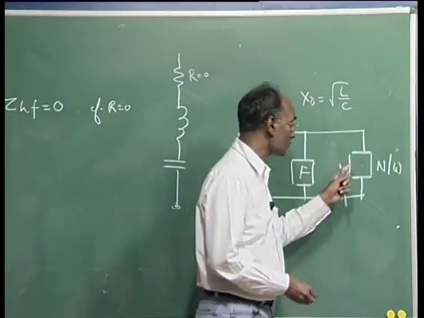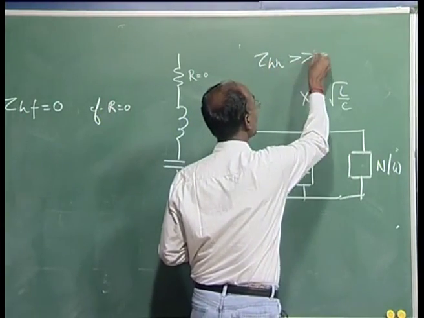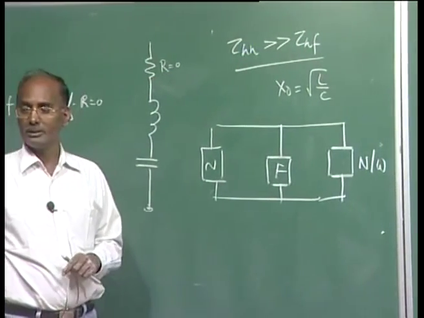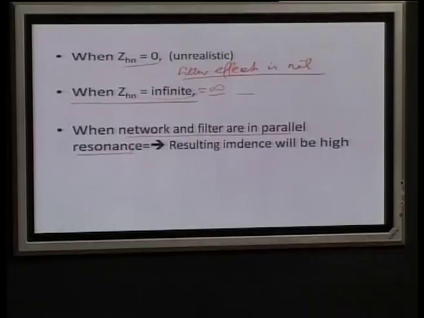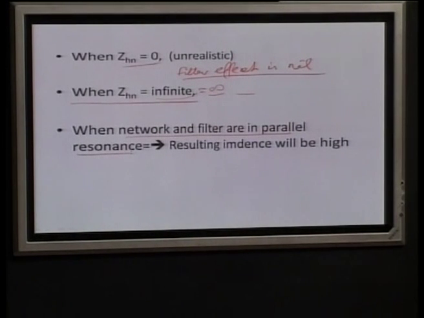But in most cases, what we want is that your ZHN should be large enough compared to your ZHF, so that the current should not enter the network and should go down the filter.